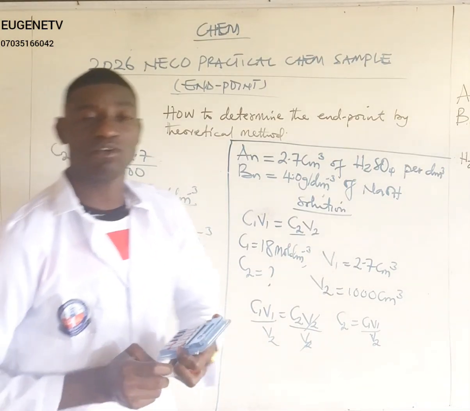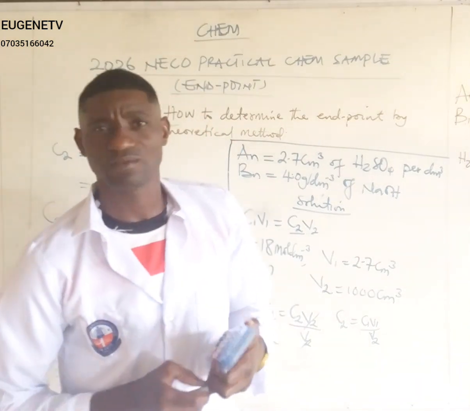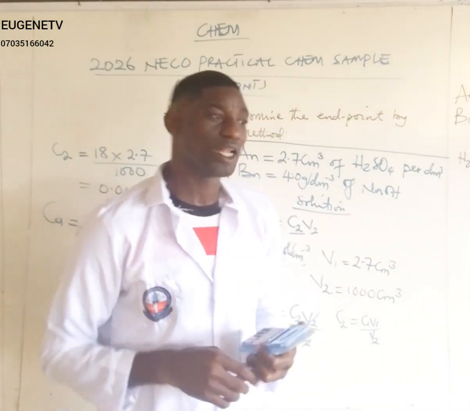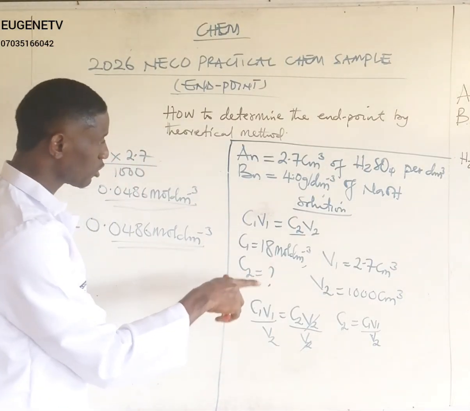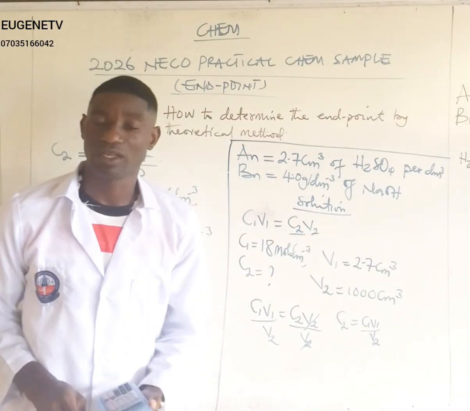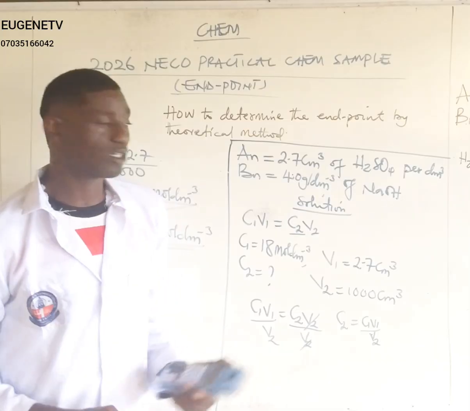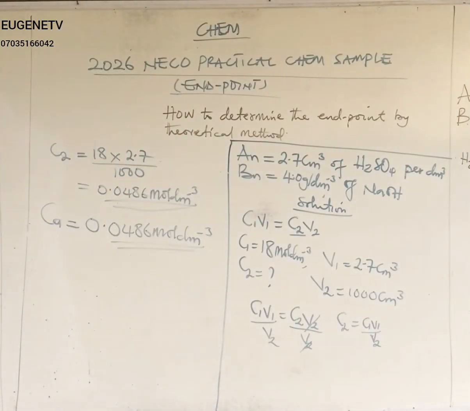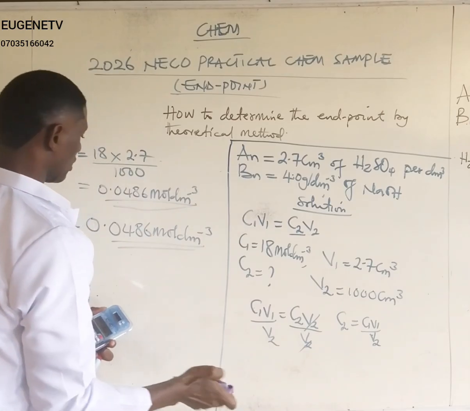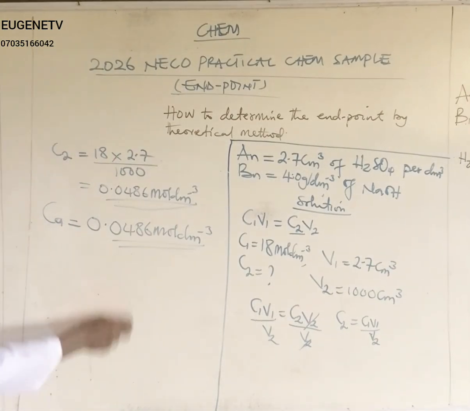Now, in order for us to be able to predict the volume of the acid that is going to be used, let us find the molar concentration of the base from the information given to us. Let me erase this and continue from here first.